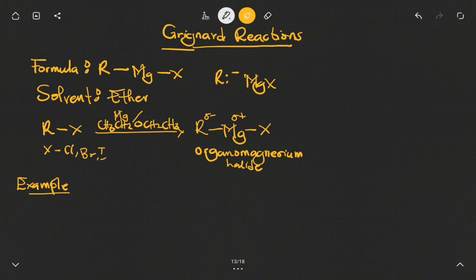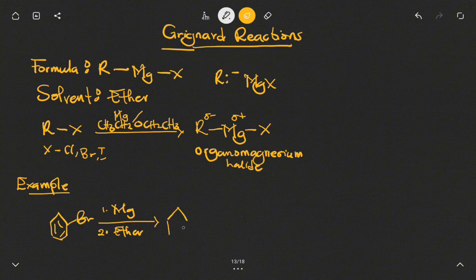If you have bromobenzene, so this is your benzene ring with a bromine attached, and you treat this with 1, magnesium, and 2, ether as a solvent, the ether is acting as a solvent.